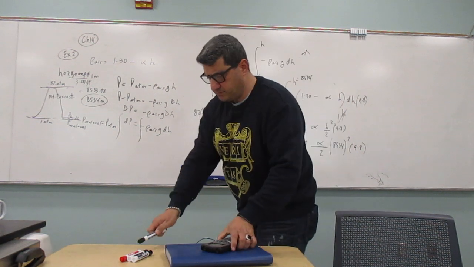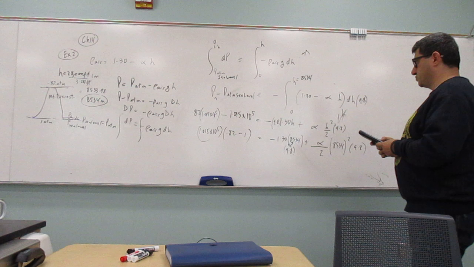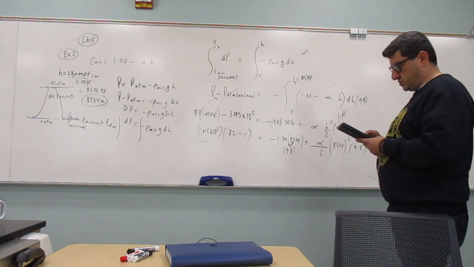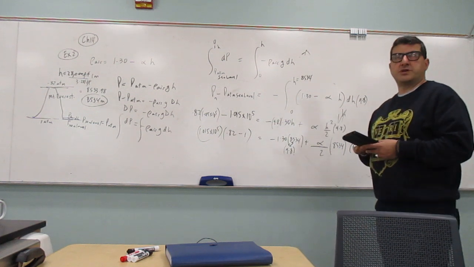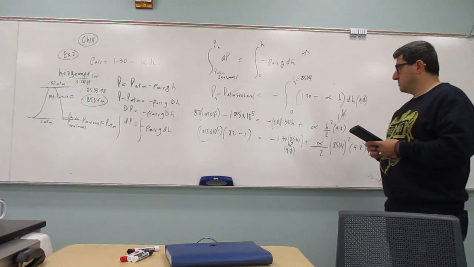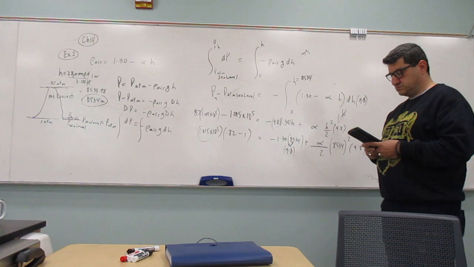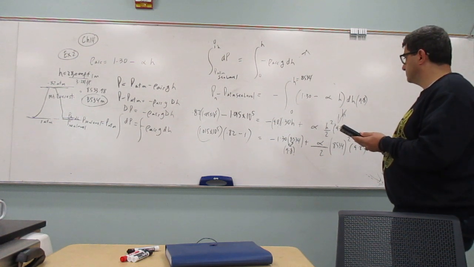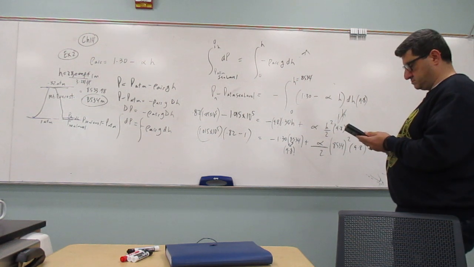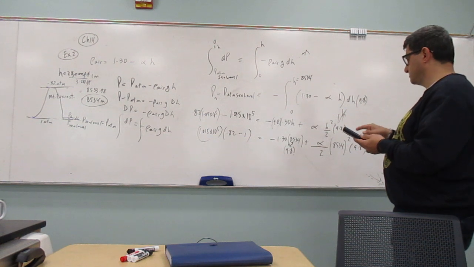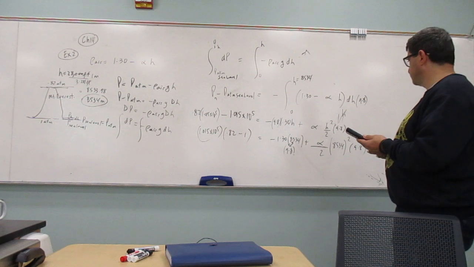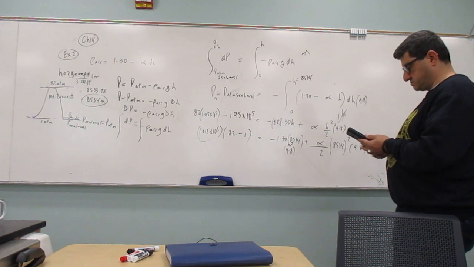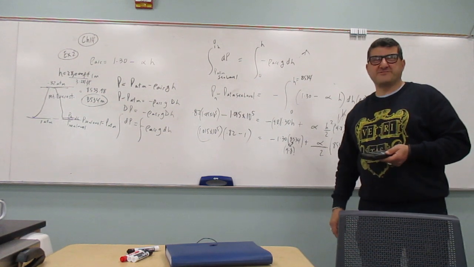So let's see what we get. 0.82 minus 1, that's 0.18, right? 2.53 times 10 to the minus 4.